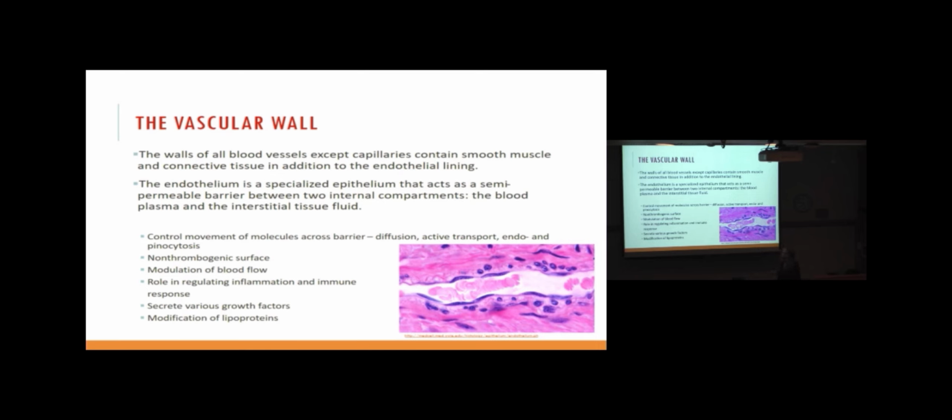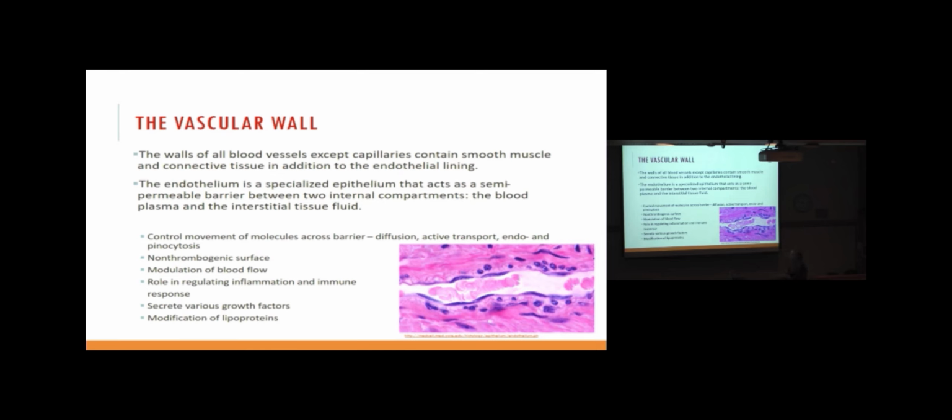They play a role in regulating inflammation and immune response, largely by regulating the entrance and exit of immune cells from the blood vessels. So those cells usually exit actually in between endothelial cells by special processes, and we'll talk a lot more about that when we get to the immune system.